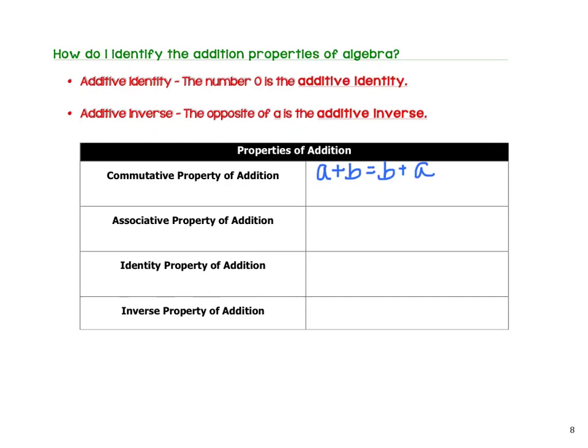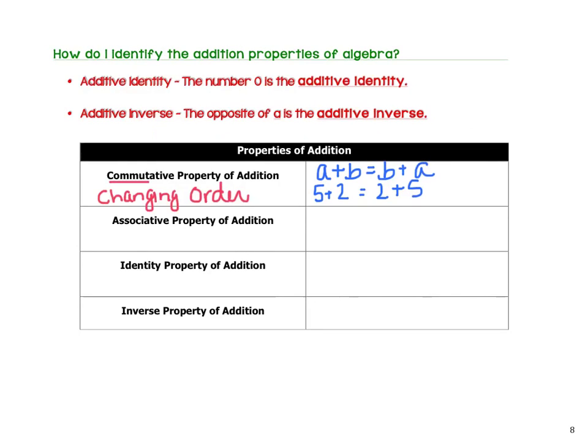When you commute, remember you're going back and forth, so you're changing the order in which you're doing them. So I could have 5 plus 2 is going to be equal to 2 plus 5. In both cases, 5 plus 2 is equal to 7, and 2 plus 5 is equal to 7.